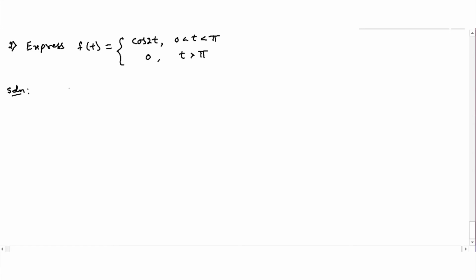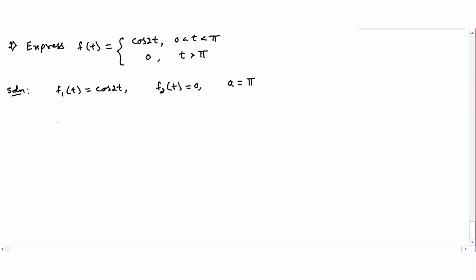So once again, if you try to observe over here, the first function I can take as f1 of t. So f1 of t will be cos of 2t. The second function f2 of t is 0. And what is the value of a over here? The value of a is pi.